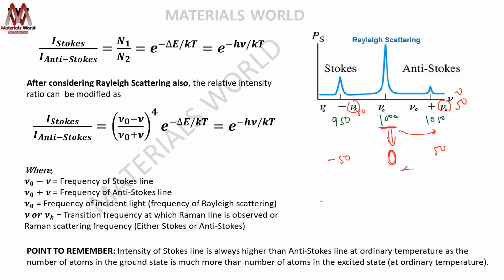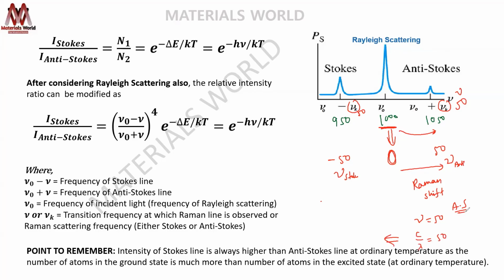This is called Raman shift in terms of frequency. This is the frequency of the anti-Stokes line, and this is the frequency of the Stokes line. Now, if you know nu is 50 for the anti-Stokes line, what is nu? C by lambda. So C by lambda is 50.